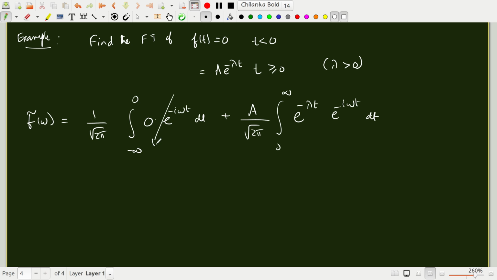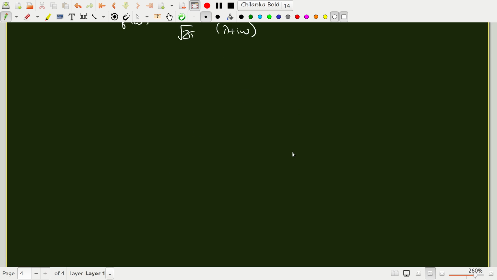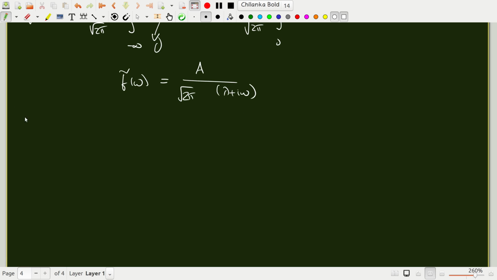Now the first part is 0 because of this, right? So f tilde of omega, after you integrate this, you will find that it is simply a by root 2 pi times 1 over lambda plus i omega. Okay, and if you want to find out whether it is indeed correct, you can invert the Fourier transform.